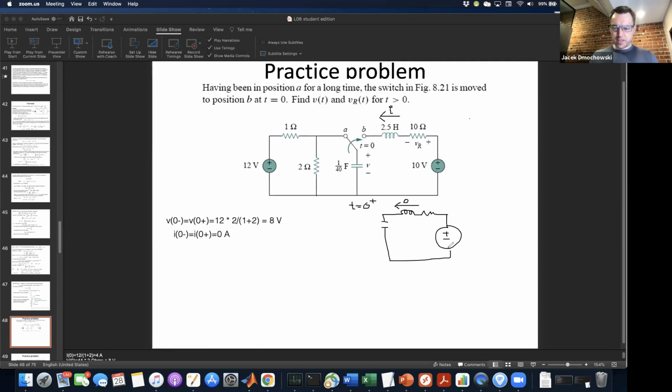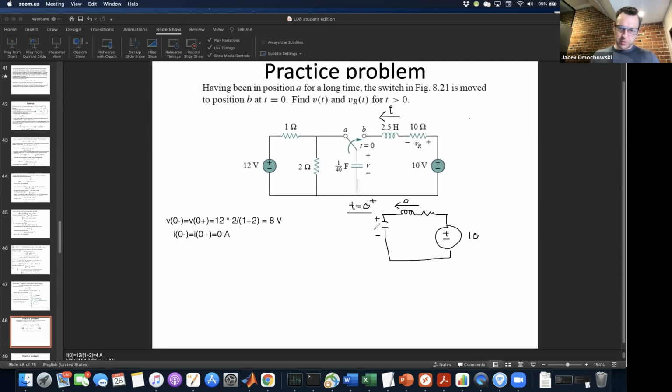And we have 10 volts over here still. So there's no current at this moment in time. There's no current flowing through the inductor. And that's important because we need that to get an initial condition on V prime. Remember V prime, so I should just label V prime in this picture as well.